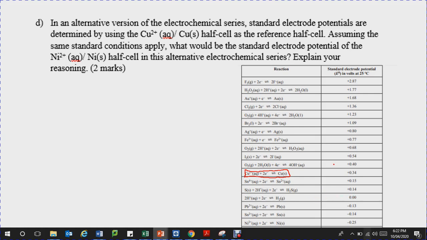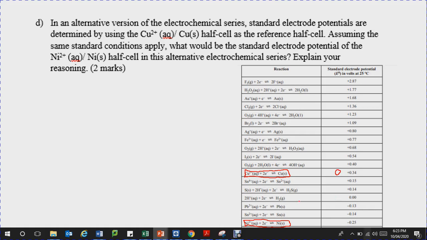But this time we're using copper as a reference half cell. Assuming the same standard conditions apply, what would be the standard electrode potential of nickel in this alternative series? That now means we are making our copper 0.